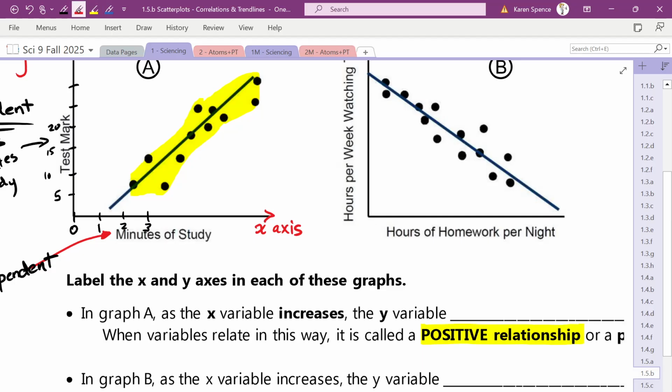So if it goes up, we say that is a positive relationship. As X gets bigger, Y also gets bigger.